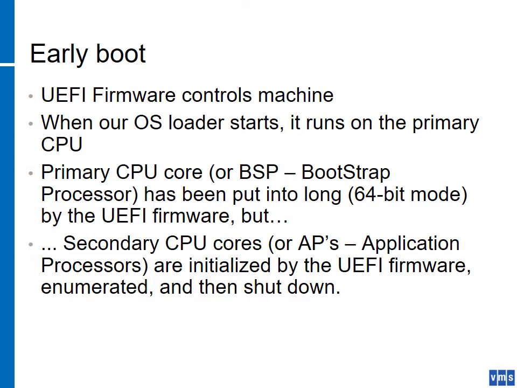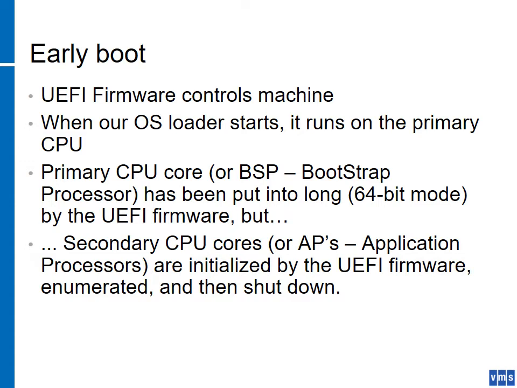But the secondary CPUs, or as UEFI likes to call them, the APs, the application processors, get initialized by the UEFI firmware, and the UEFI firmware needs to do this because it needs to be able to tell the operating system, these are the processors in your system, so it needs to identify what they are, and to be able to identify them, it needs to start them.